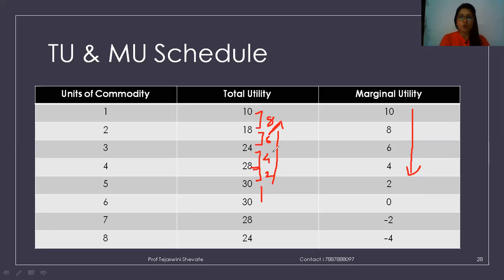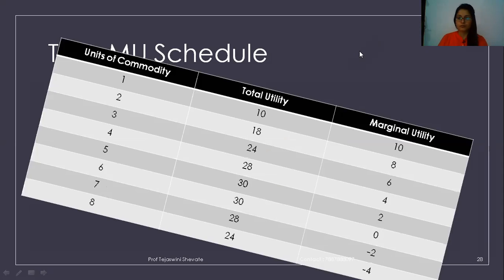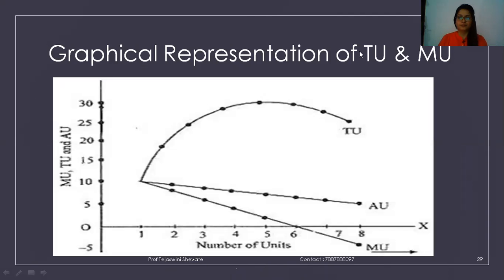Now we are going to plot this particular schedule on a graph. Okay, now putting this same schedule on the graph, you could screenshot the schedule, and then try to plot it on the graph.